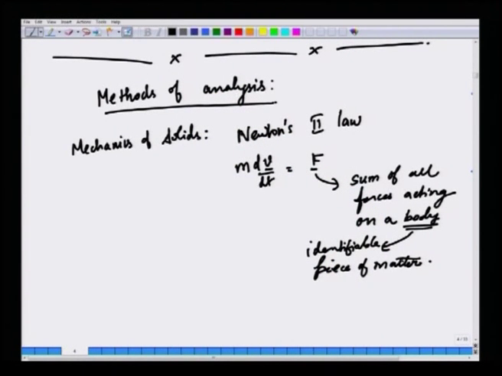So, the way in which problems are done in mechanics is we draw a free body diagram, identify a body, let us say a solid block of wood.